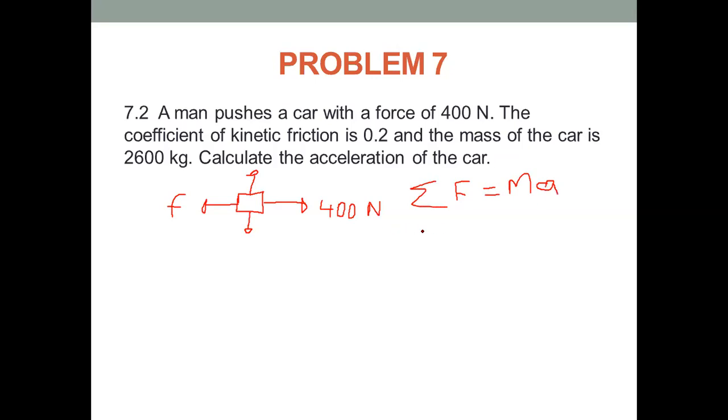So we're looking for the acceleration. Let's check the forces acting. We have an applied force minus friction, which is equal to ma. So let's check what is the friction. We're given the coefficient of friction. We know that kinetic friction is the coefficient of kinetic friction times the normal force.